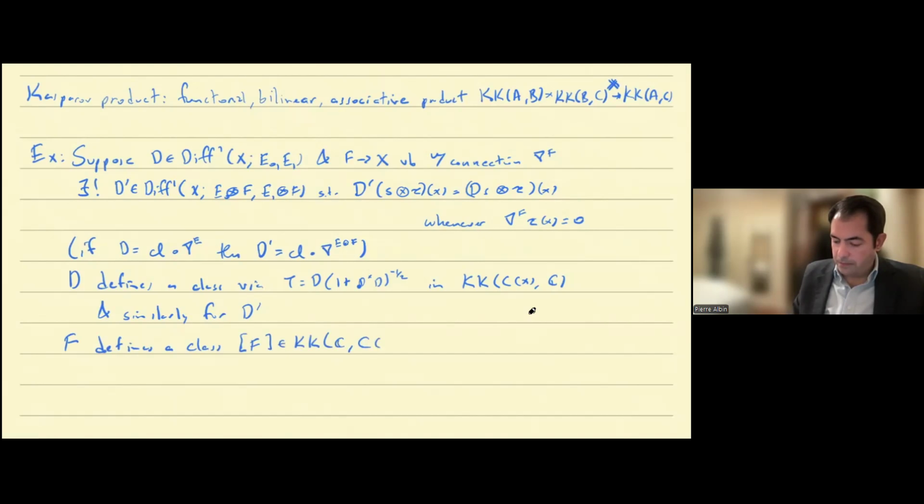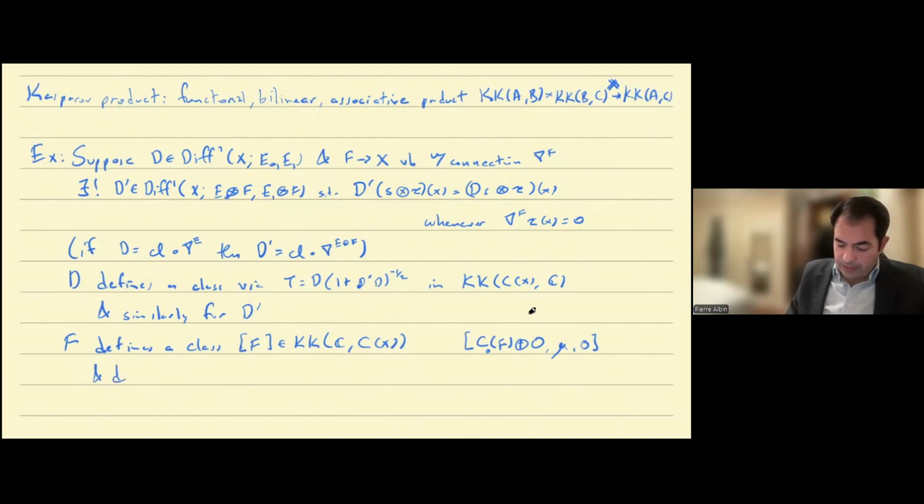So here, you would take the continuous sections of F, ungraded, and then multiplication and the 0 operator.